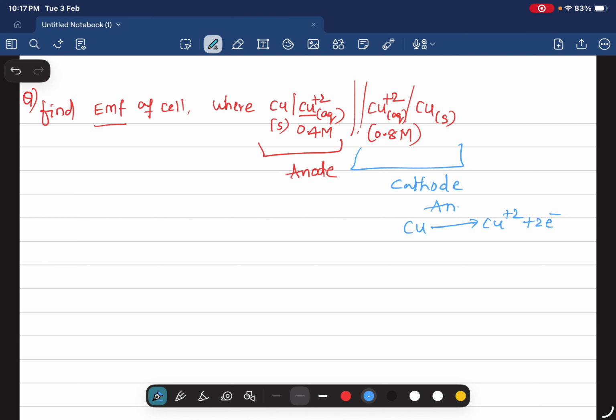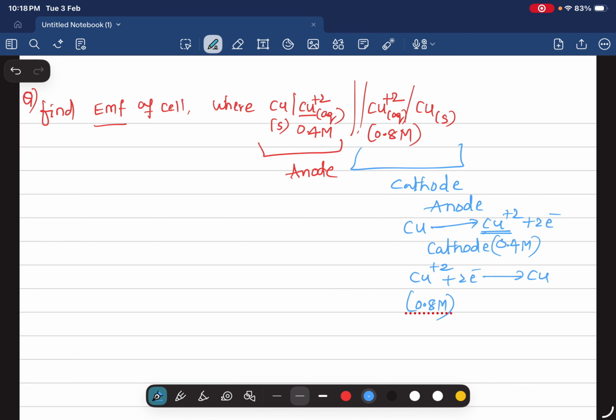At the cathode, Cu2+ accepts 2 electrons and becomes Cu. The concentration of Cu2+ at the anode is 0.4 M and at the cathode is 0.8 M.